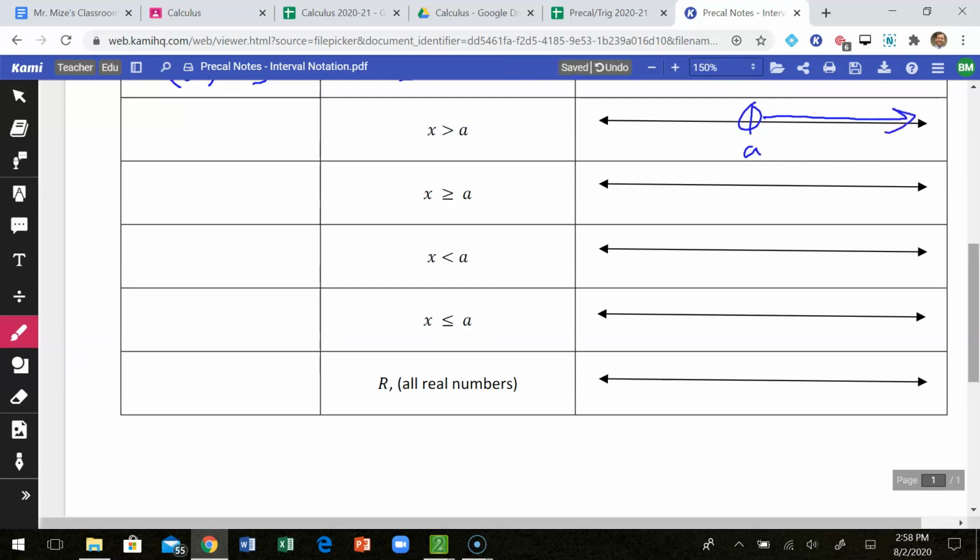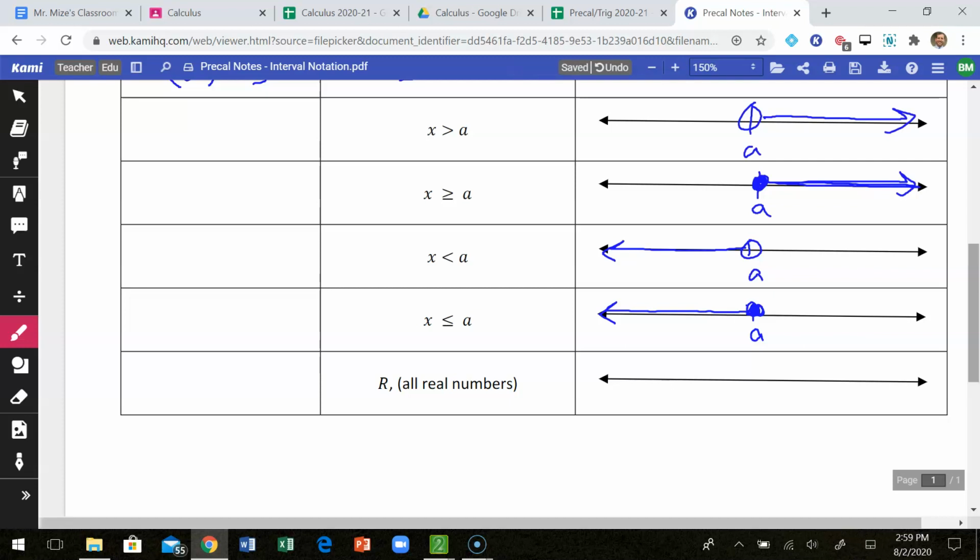It would be any number bigger than A. Or the one after that, I would have a closed circle at A, because I can include A, but again, any number bigger than A. And then the opposite here, if it's less than, I would go to the left with an open circle on the first one and a closed circle on the second one.